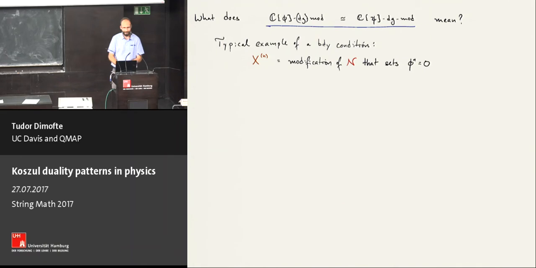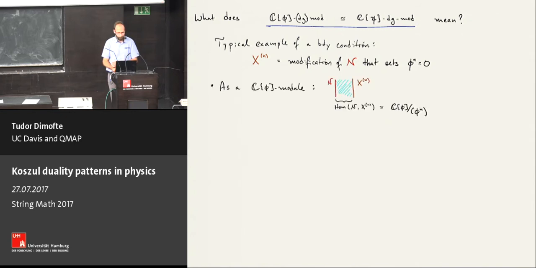Let me give you an example of how that comes about. A typical boundary condition in such a theory can be obtained by taking Neumann, the one that allows the boson to survive at the boundary, and deforming it a bit so that, say, some power of that boson vanishes.